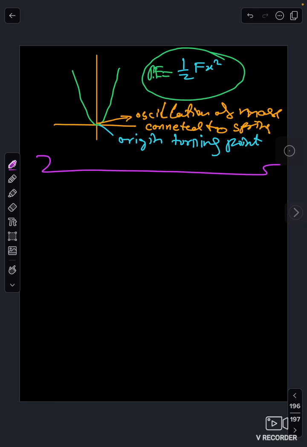Okay, now that we know about oscillation in classical physics, let's move on to oscillation in quantum mechanics. It's known as the quantum simple harmonic oscillator.